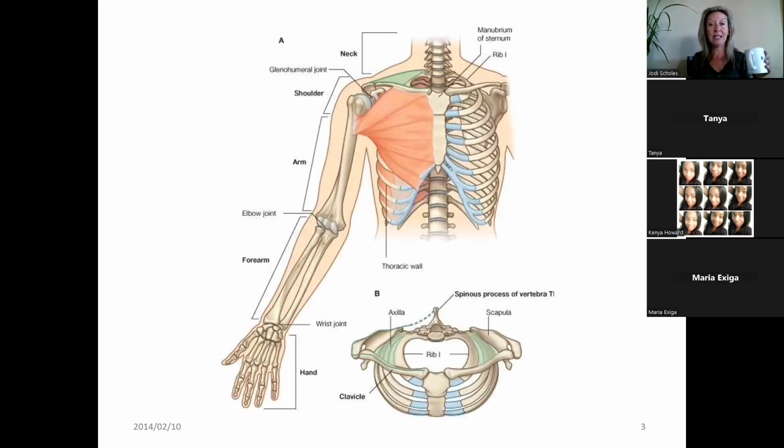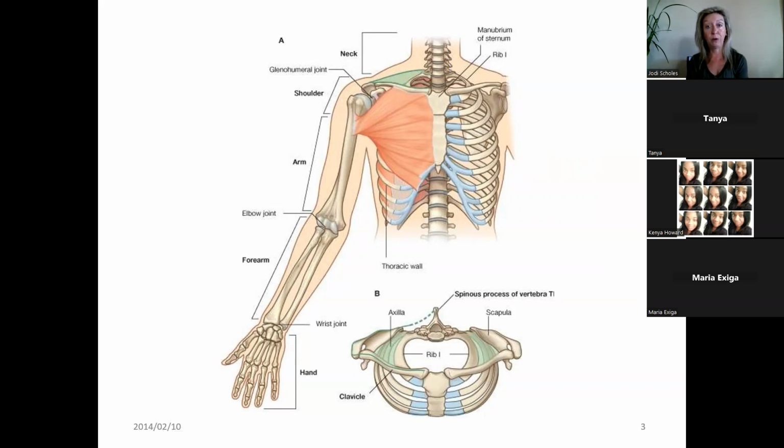This is the anatomy of your upper body, your thorax, your shoulder region, neck. That's what we're going to be focused on today. Here in section A, you'll see the neck with 7 cervical vertebrae.